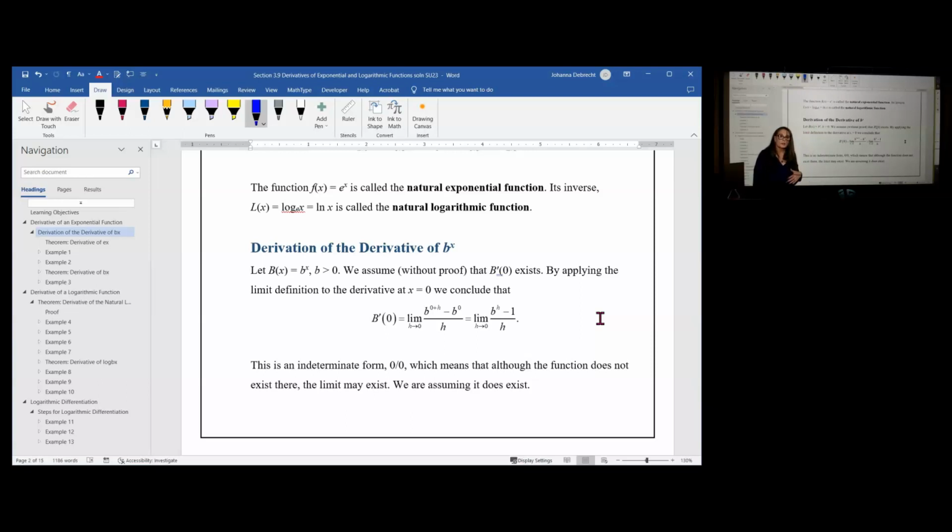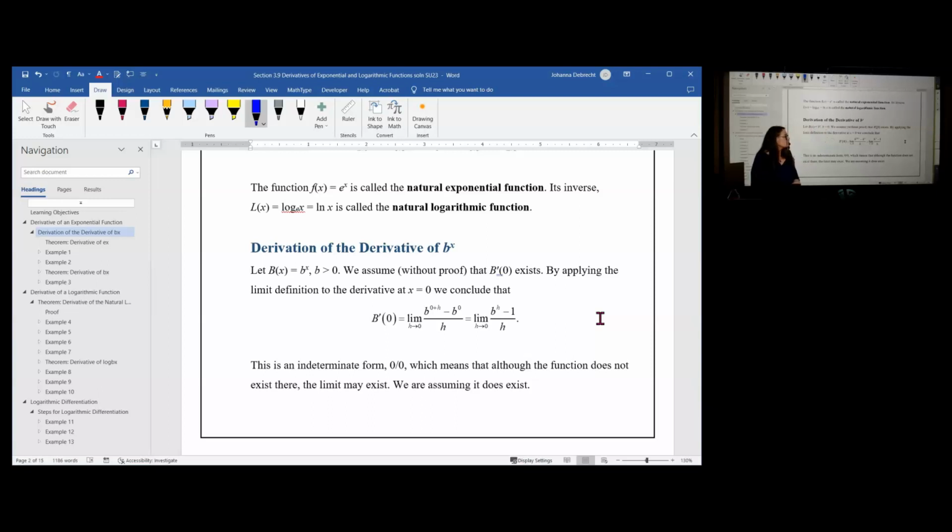Again, we need the base to be positive because we want to make sure that we're not raising a negative number to an even radical. That would cause it to be imaginary, and it wouldn't graph on a real graph. We'd like our function to be connected and continuous, so we require that the base be strictly positive.